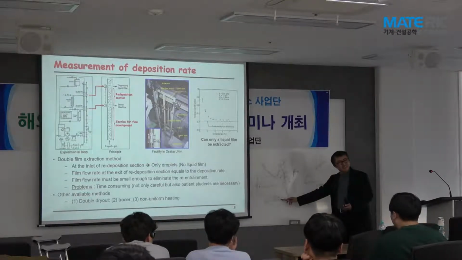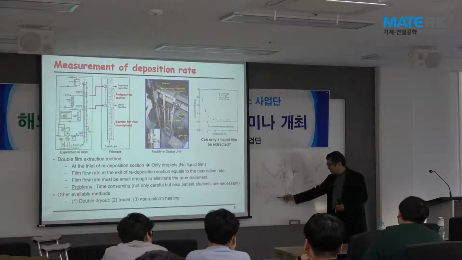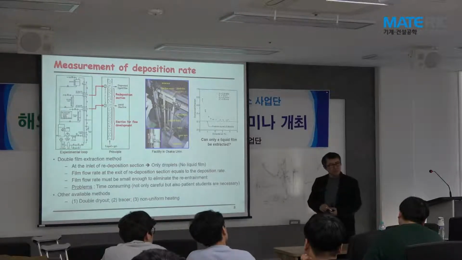However, in your case, like this, I guess the velocity of this droplet versus how fast the liquid film is. Therefore, in your case, visualization is possible. You can visualize.